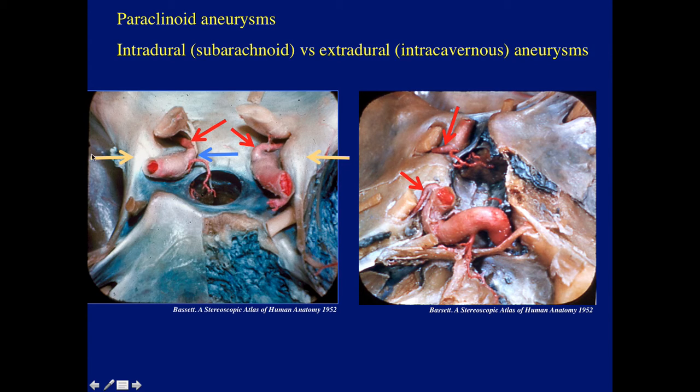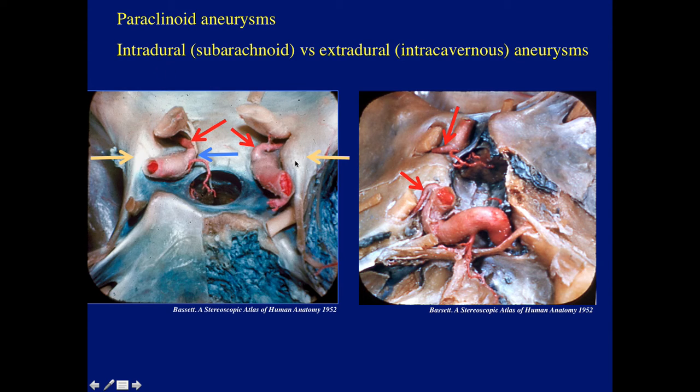That's why they're called paraclinoid aneurysms. Again, these are the two optic nerves. This is the ophthalmic artery, which comes off the carotid as it exits from the cavernous sinus and then goes into the optic canal. So we're talking about aneurysms of the carotid or the junction of the carotid and the ophthalmic artery.